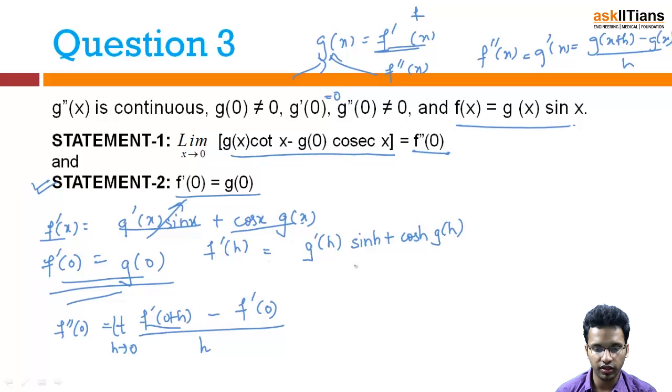So this thing is f dash x, f dash of this thing, and f dash of 0 is simply your g0, minus g0 by h. Okay, so once we are putting it, limit h tends to 0.